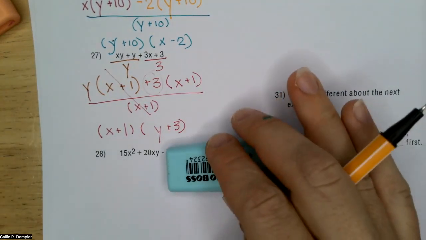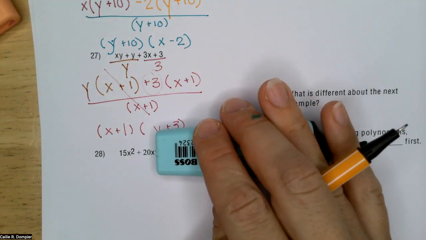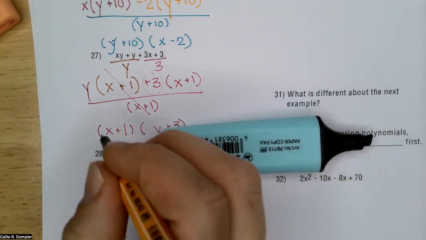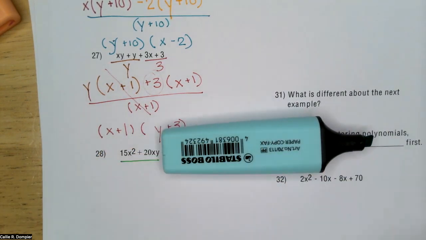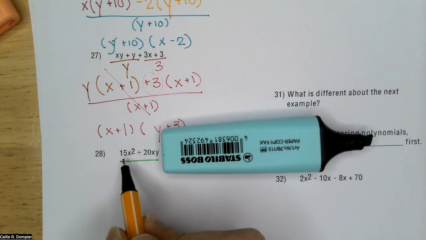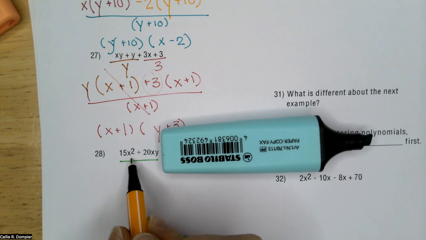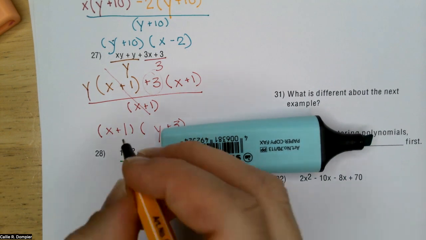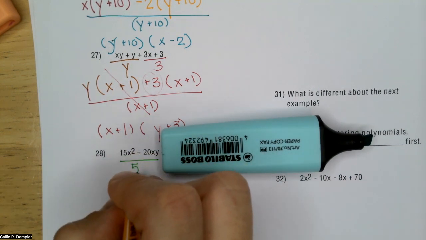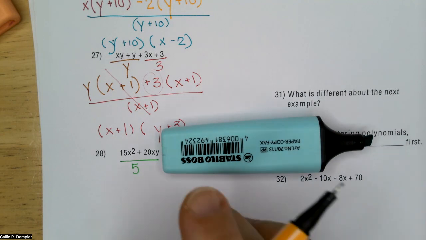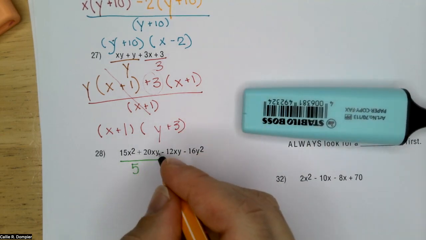My first group is 15x squared plus 20xy. 15 and 20. The only factors of 15 are 15, 5, 3, and 1, right? Of 15, 5, 3, and 1, the only number that can divide 20 is 5. x squared, xy.